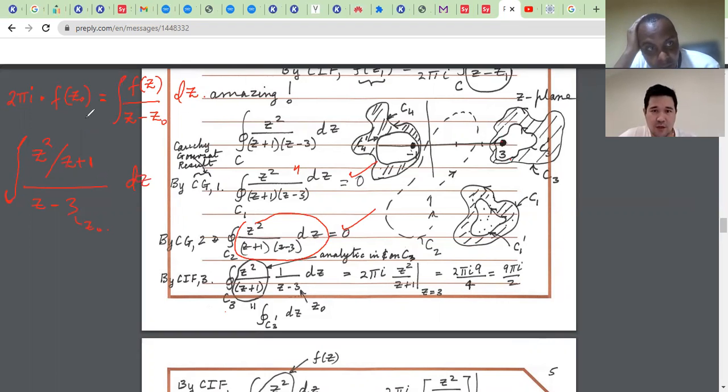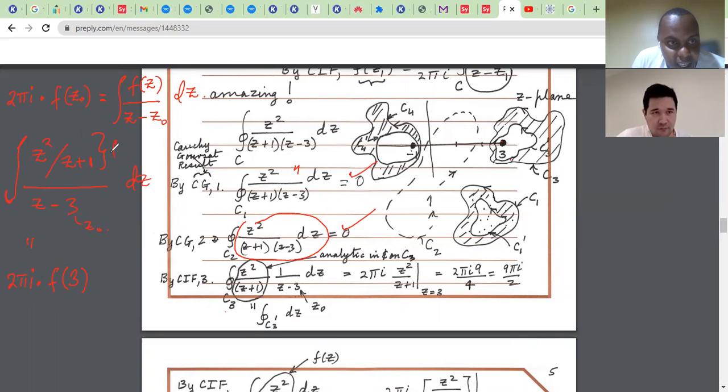To understand why our 1 over 2 pi I has changed to 2 pi I, it's going to be equal to 2 pi I multiplied by f of 3, right? Yes. And what is f of Z?